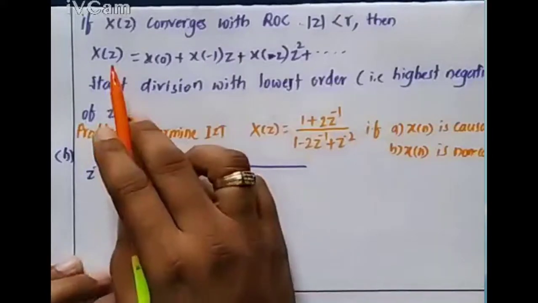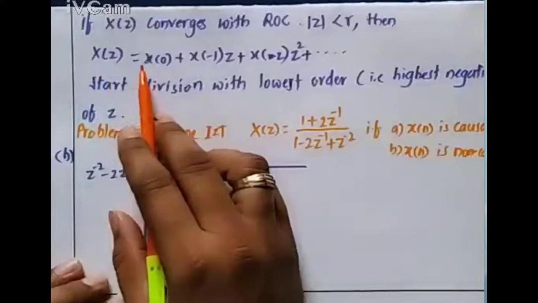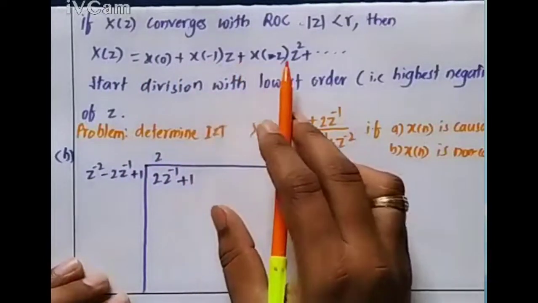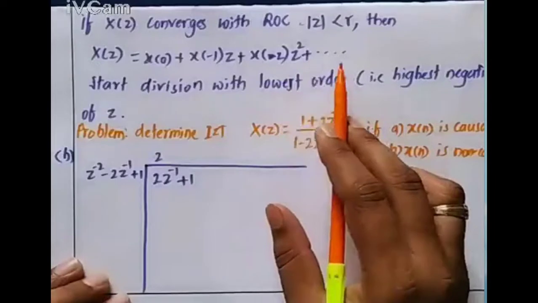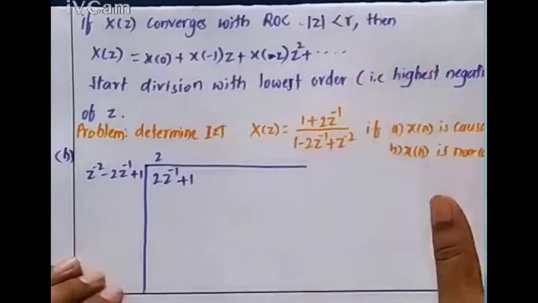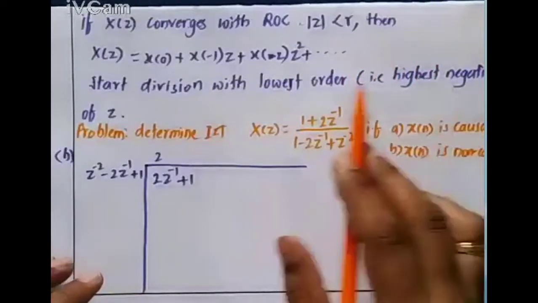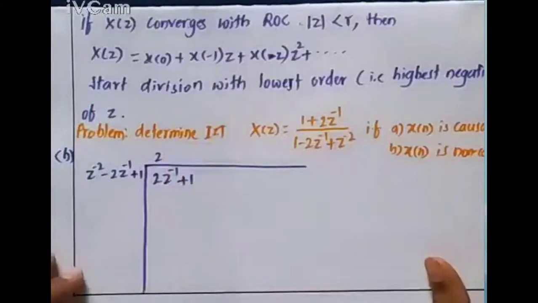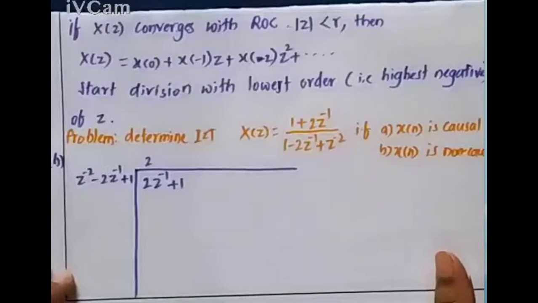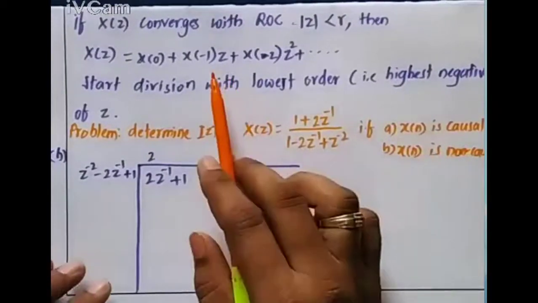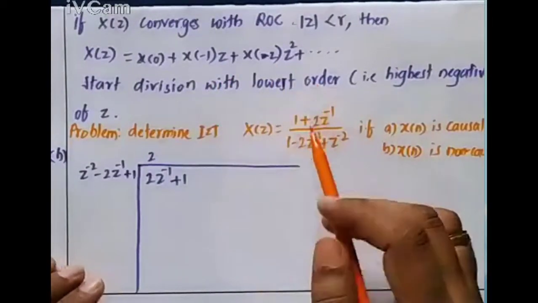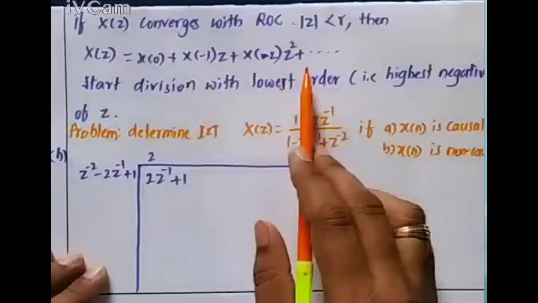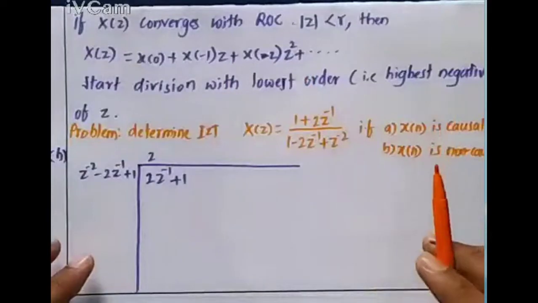Correspondingly, the X of z expression would be x of 0 plus x of minus 1 z plus x of minus 2 z square plus x of minus 3 z cube, like that it will go. So for such a sequence, the division has to be started with the lowest power of z. So what will be the lowest power of z? Whatever the highest negative power of z we see in the given expression, the division has to be started with that.